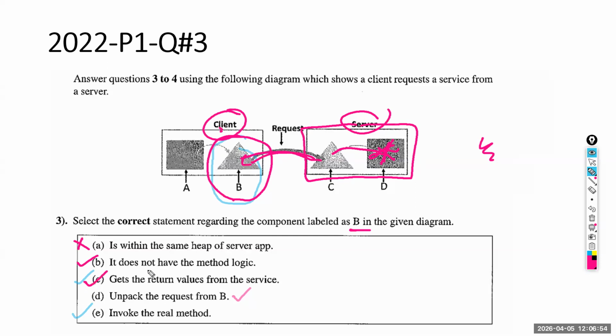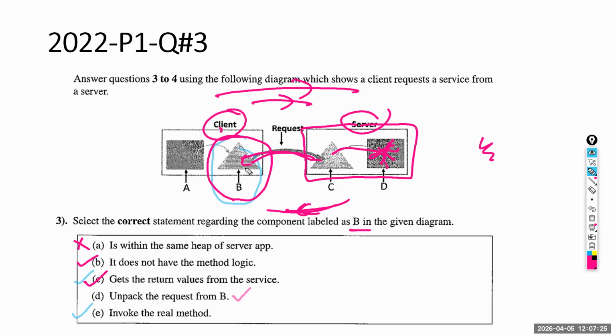Unpack the request from B. Remember, request is given from client. This is the response. So we unpack the response, not the request, because request is going like this. So there, you pack your request or marshal your request. This guy unmarshals the request, then packs or marshals the response.